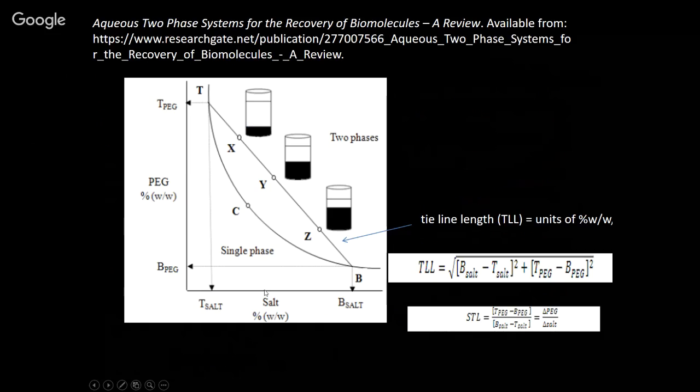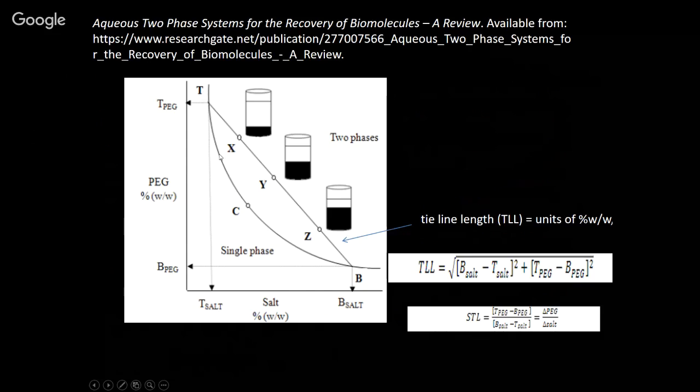Now, I picked this up from a very interesting reference. Somebody who is more interested can read this particular review article to understand more about this aqueous two-phase system. They have given a nice example. Look at this: this is the concentration of salt, weight per weight, and the concentration of PEG, weight per weight.